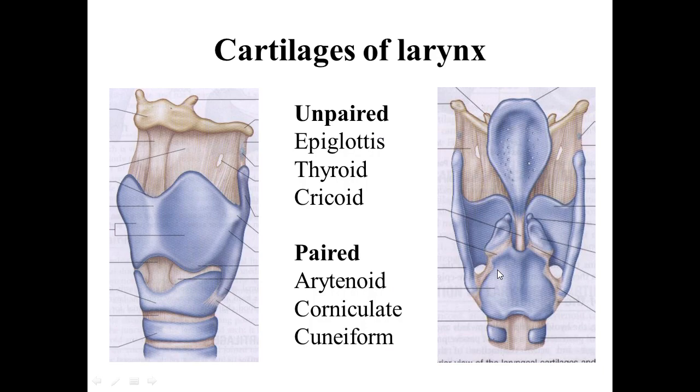Now, which are the different cartilages of larynx? The larynx consists of 3 unpaired cartilages and 3 paired cartilages.